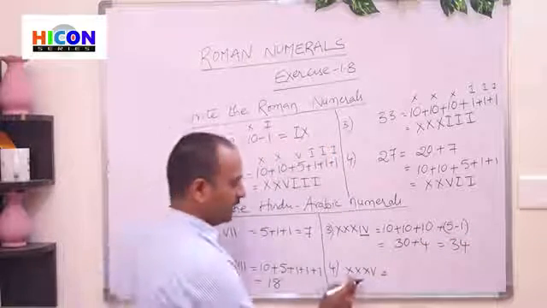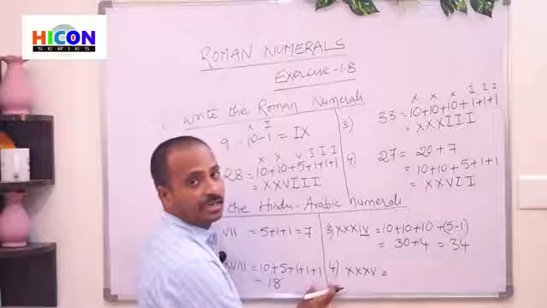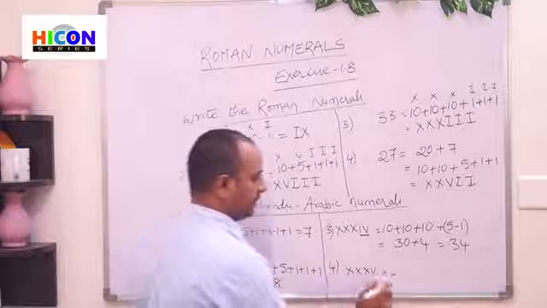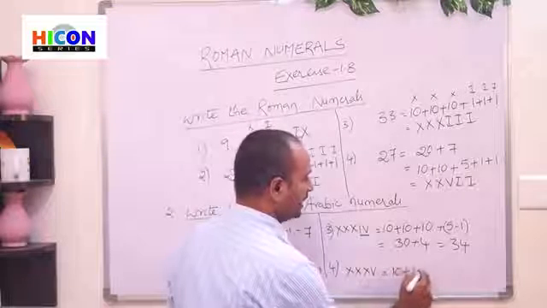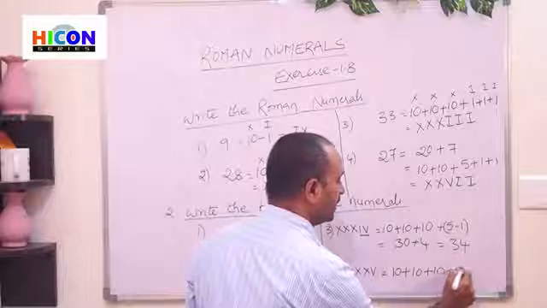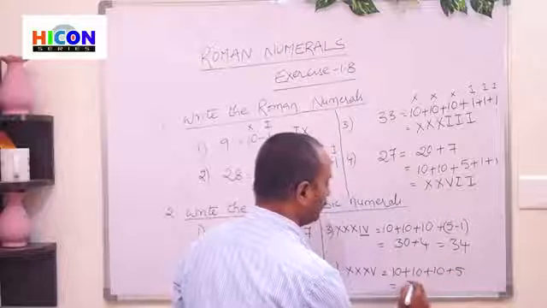Children, look at the fourth one. X is repeated 3 times. Repetition means addition, and X means 10, so repeat 10 three times and add: 10 plus 10 plus 10. V means 5. The total becomes 35.